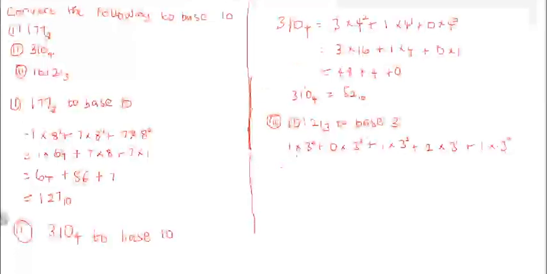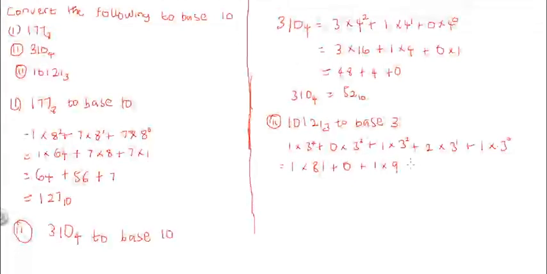So this value is equal to 1 times 3 raised to power 4. So 3 raised to power 4 is 81. So 1 times 81, plus 0 times 3 raised to power 3, which is 0, plus 1 times 3 raised to power 2, which is 9, plus 2 times 3 raised to power 1, which is 3, so 2 times 3, plus 1 times 3 raised to power 0, which is 1, so 1 times 1.